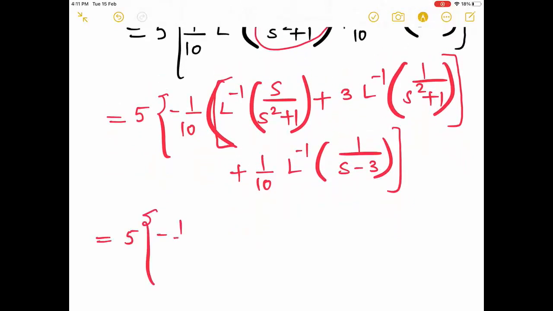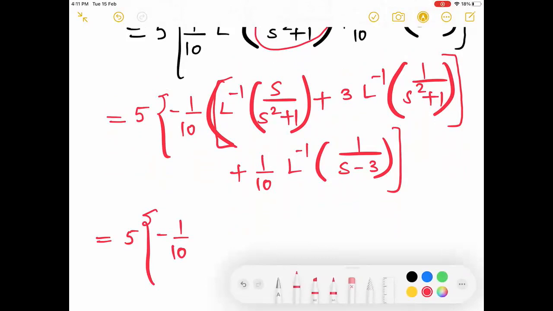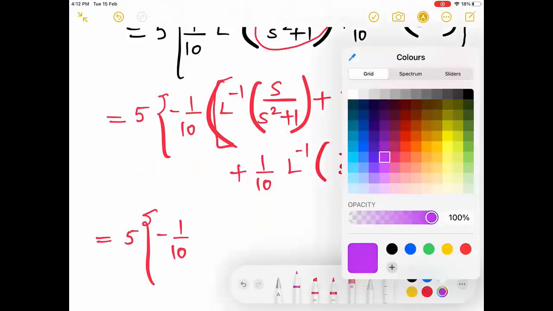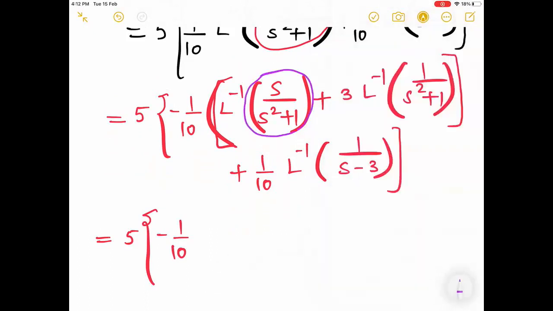So minus 1 upon 10. Tell me what is S upon S square plus 1 inverse transform? What is the inverse transform? Cos t. Yes. So this is cos t function that you can identify easily. Cos t.